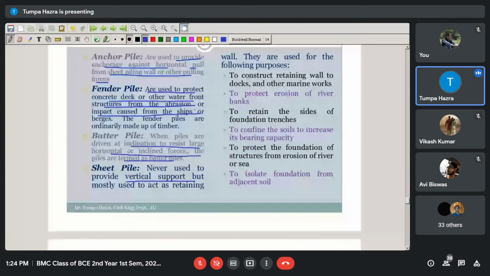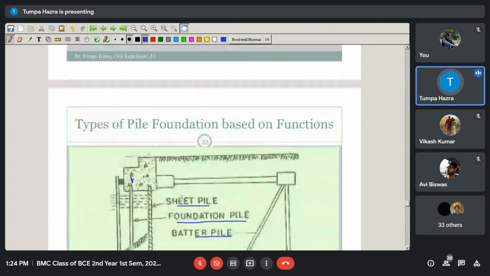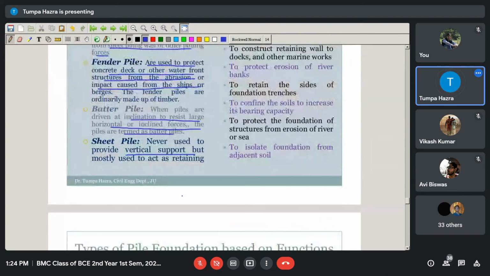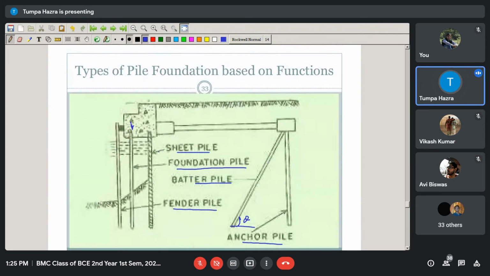They basically retain horizontal load due to the storage of soil, or protect against erosion due to river water, etc., to isolate foundation from the adjacent soil, or to increase the bearing capacity of the soil by confining the soil.